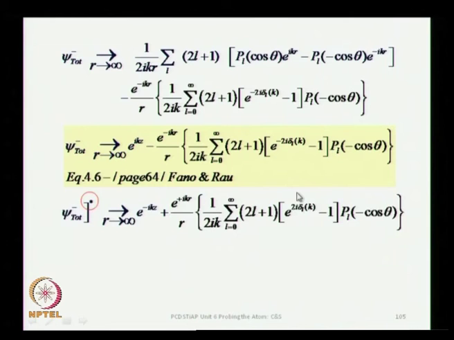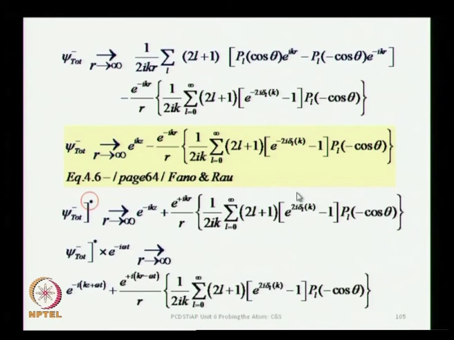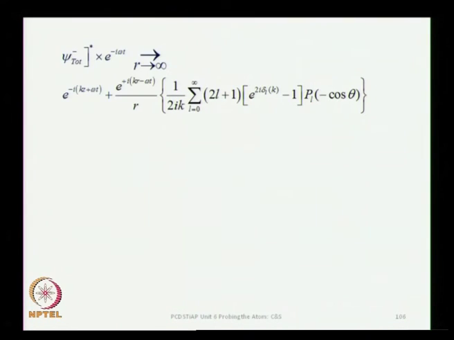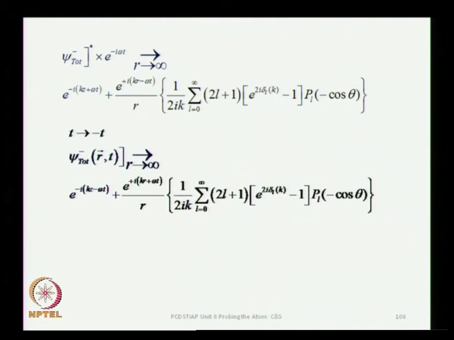So we have done the complex conjugation. This is the time dependent part, which is e to the minus i omega t as always. So you multiply it by e to the minus i omega t, you get this form, bring it to the top of the next slide as it is, and now you let t go to minus t, because you have already done complex conjugation.